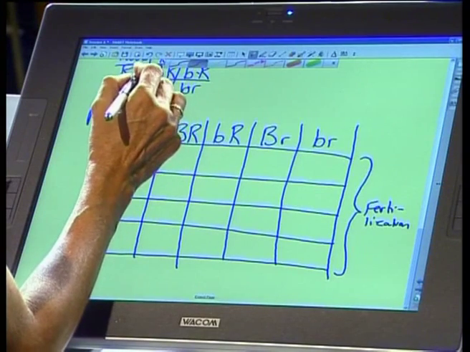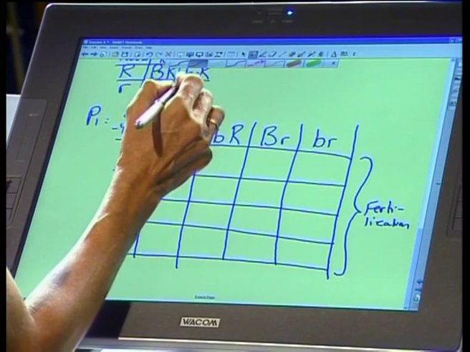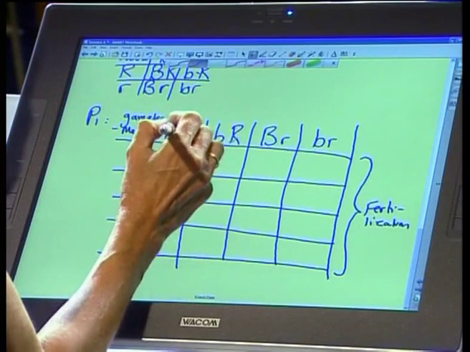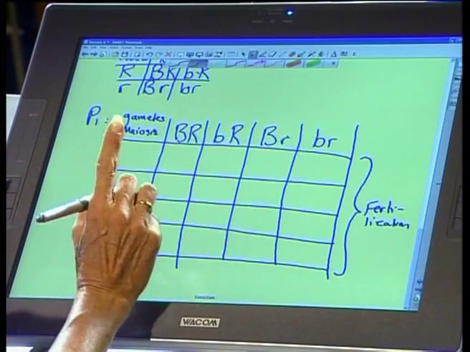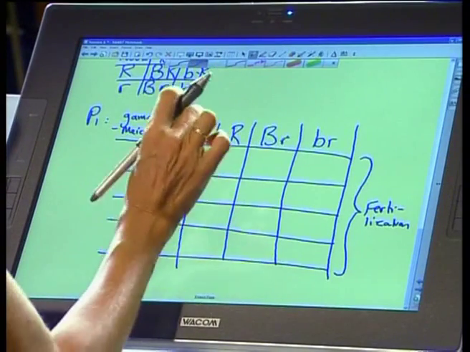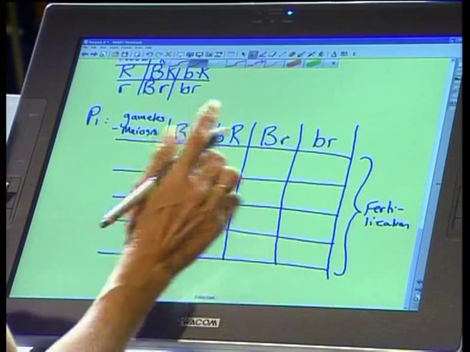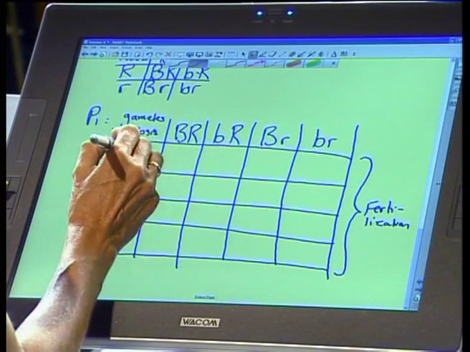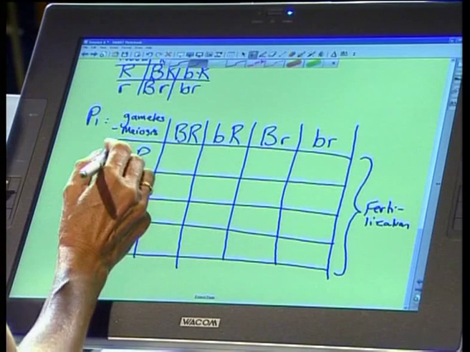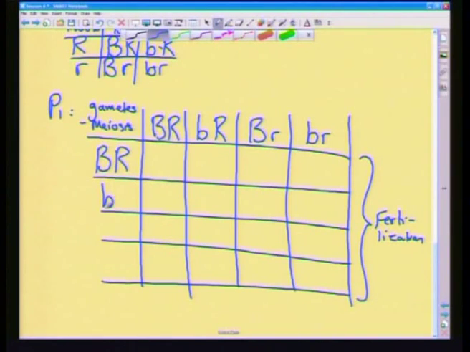So if you decide that that is 1 and this is 2 and this is 3 and that's 4, it doesn't matter. Just remember, your B's must be in front for all of them, because that's what we chose. If you select R, that's great too. But once you've made that decision, keep to it. And we're going to have exactly the same down this side. We'll have capital B, capital R, small b, capital R, capital B, small r, and small b, small r.